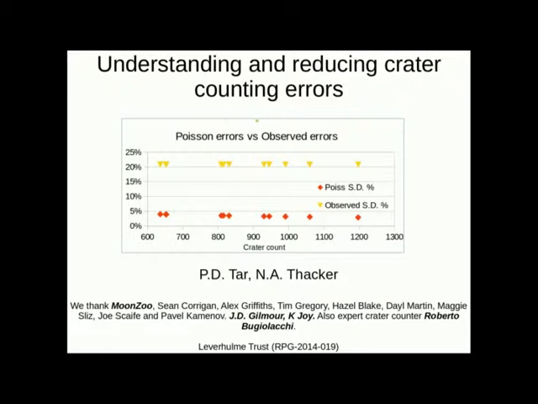We can clearly see that the theoretical errors based on Poisson assumptions are far smaller than the actual errors observed in the Robbins paper, and clearly that's a bit of a problem.